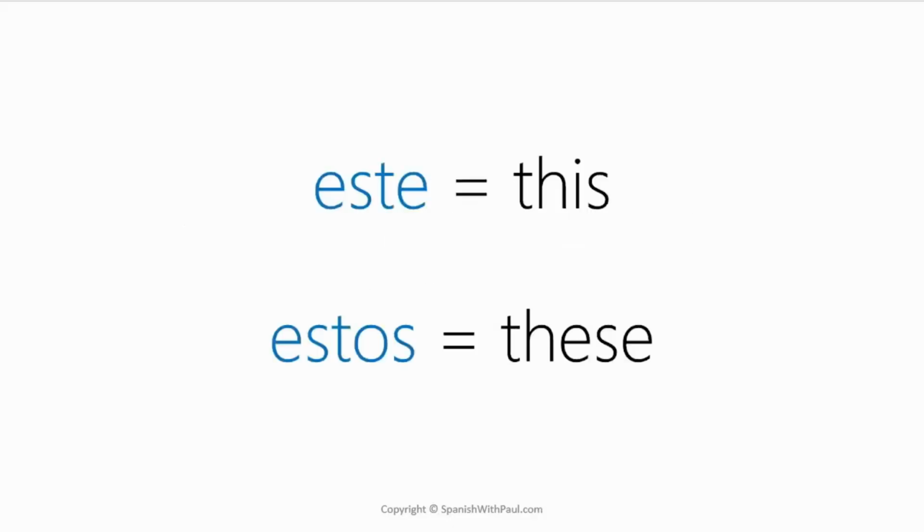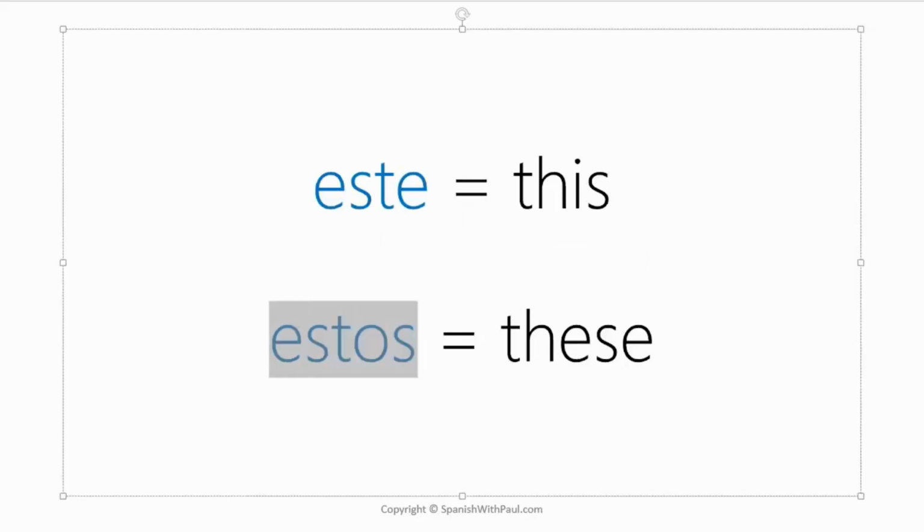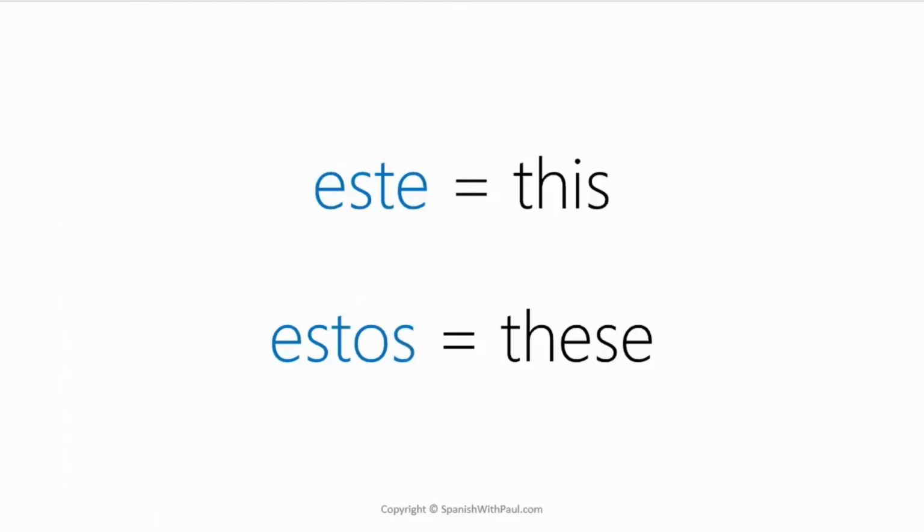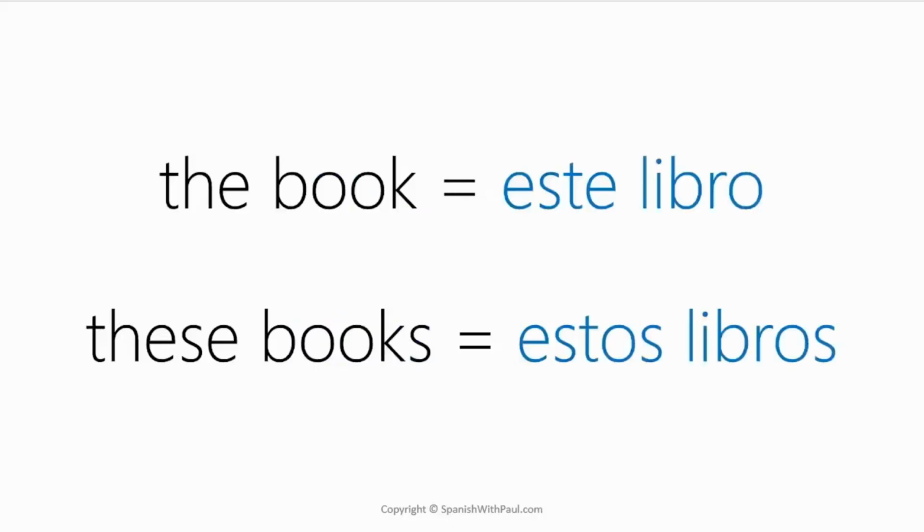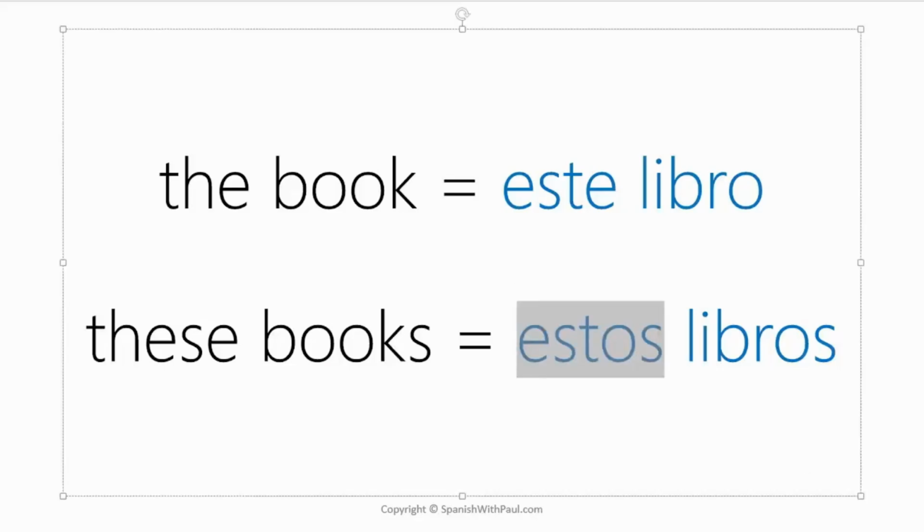We have este for this, but it goes to estos for these. So you can see the irregularity here where we wouldn't add an s, have estes. Instead, it goes to estos. So this is the little irregularity that we must be aware of when it comes to masculine words. For example, we have the book would be este libro, but these books goes to estos libros.